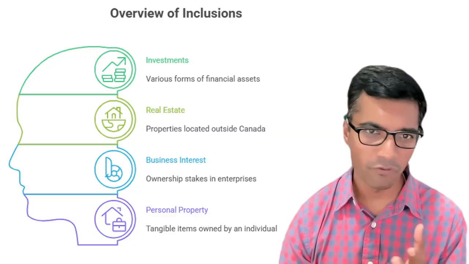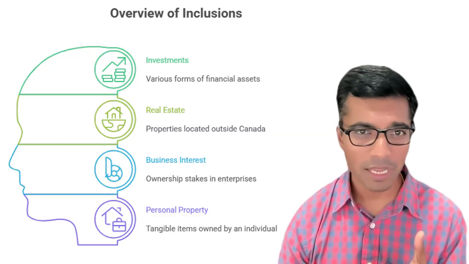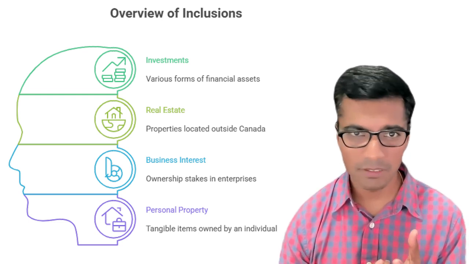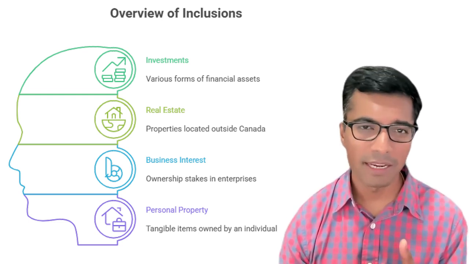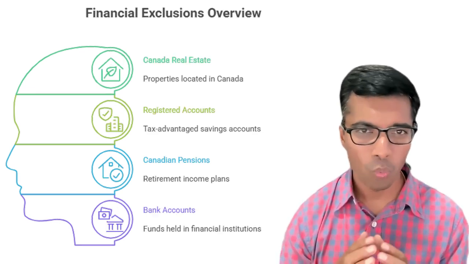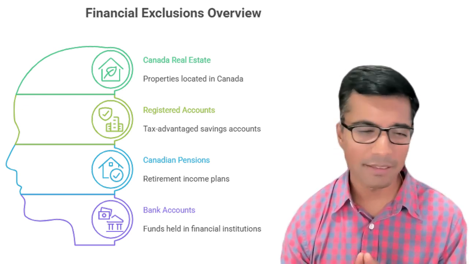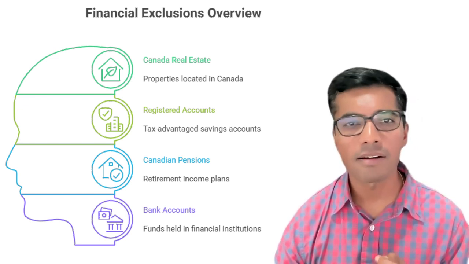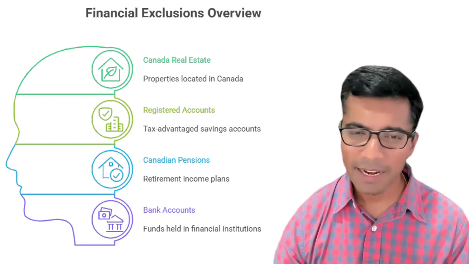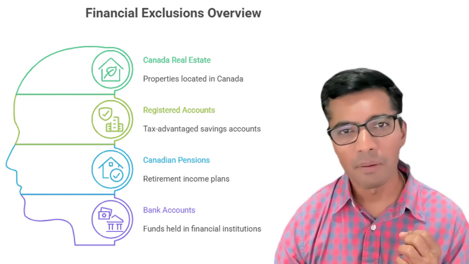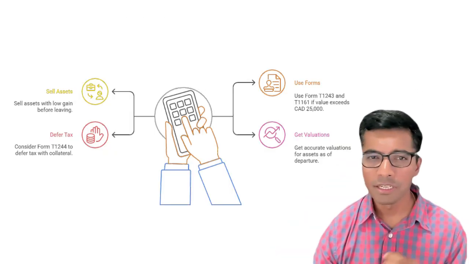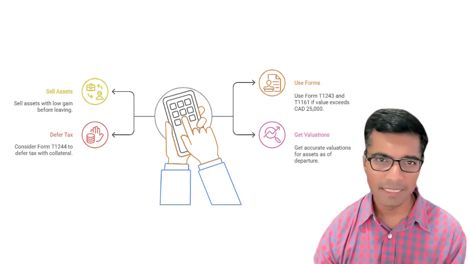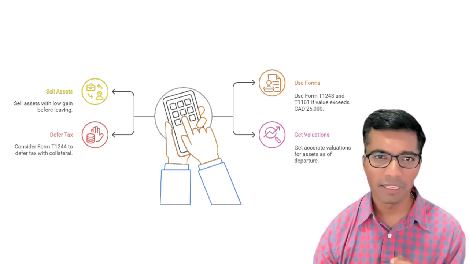So, what's included in this exit tax? It's your investments, real estate outside Canada, business interests, and finally, any personal property. What is excluded from this exit tax is real estate in Canada, registered accounts like RRSPs, Canadian pension plans, and bank accounts. So it's important to understand this exit tax when you're leaving Canada.